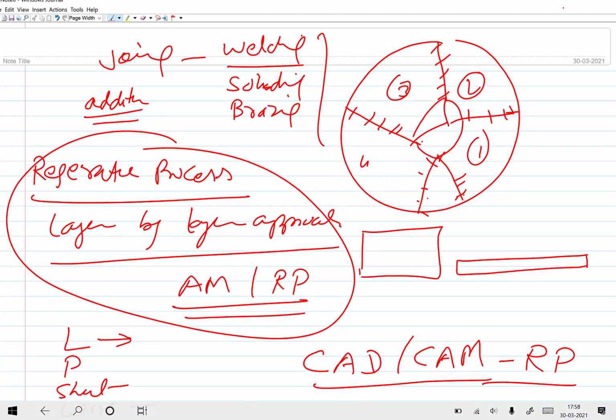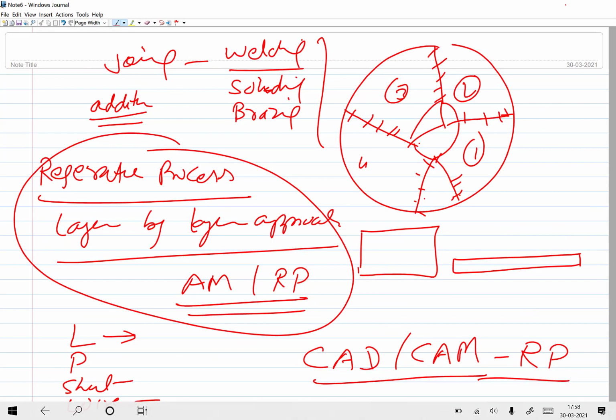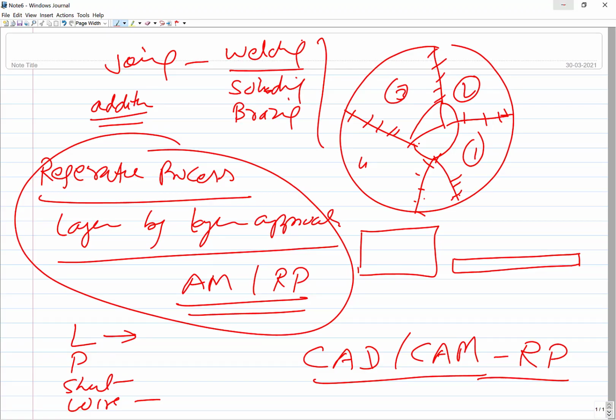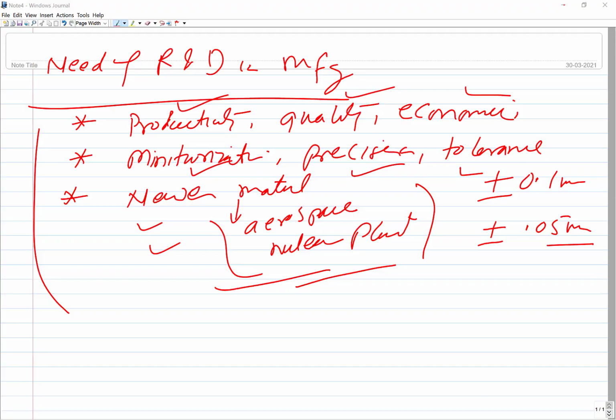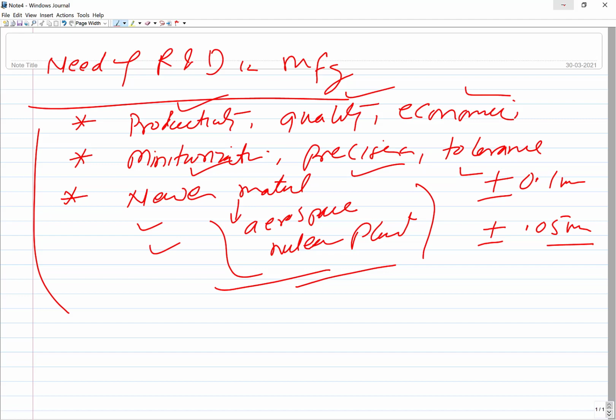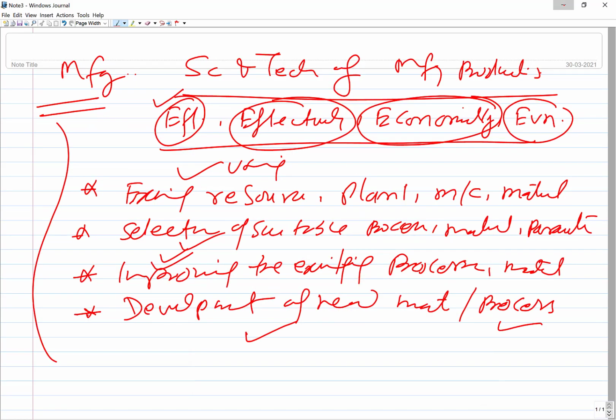So that is what we'll be talking about in the next lecture, which will be held on Monday. Thereafter the next chapter on sheet metal forming will be taken up by our other professors.